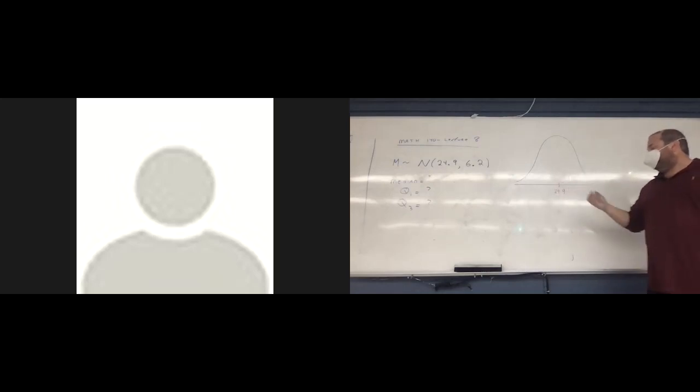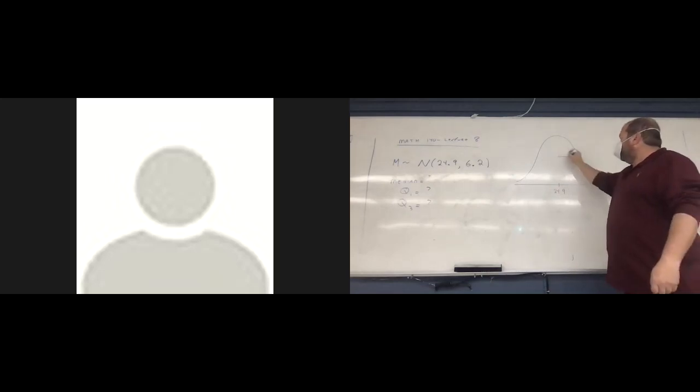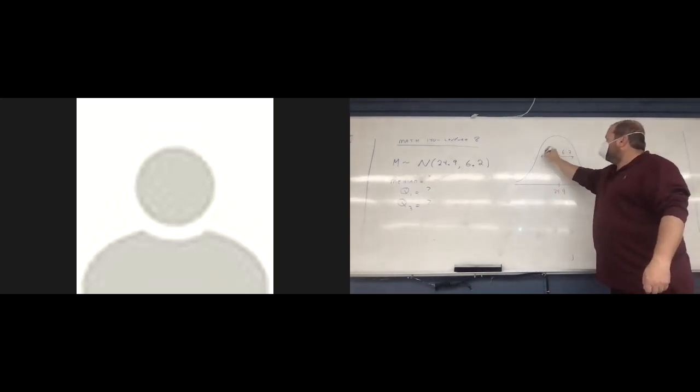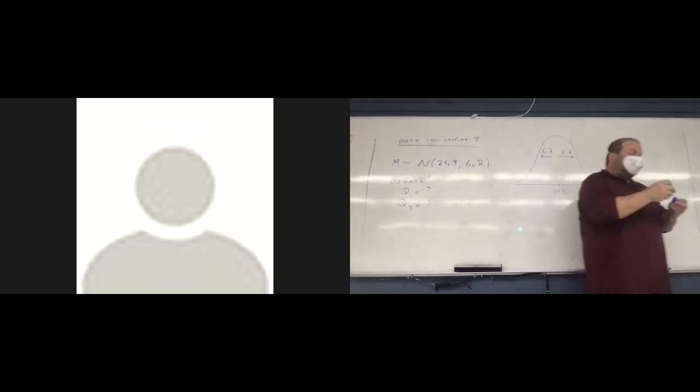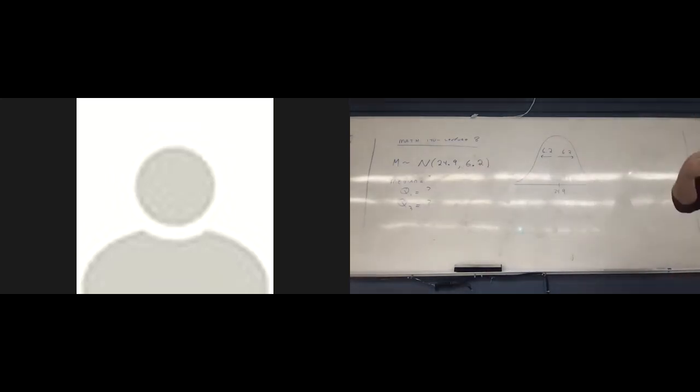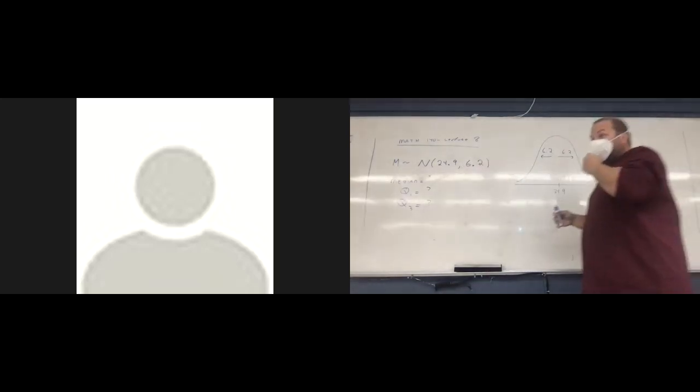And what's the standard deviation? 6.2. So I'll do something like this, just to graphically visualize the exact same information that I was provided. I've done nothing new in terms of solving the problem, but by making the picture, maybe I'll see something that I didn't see before.